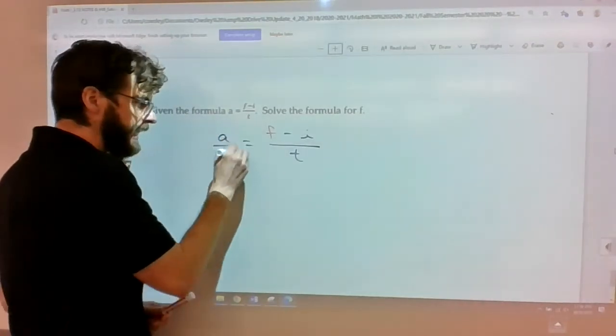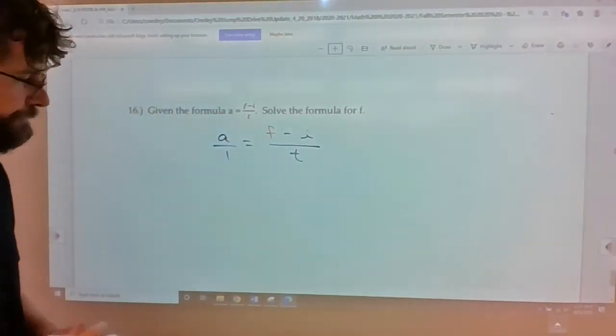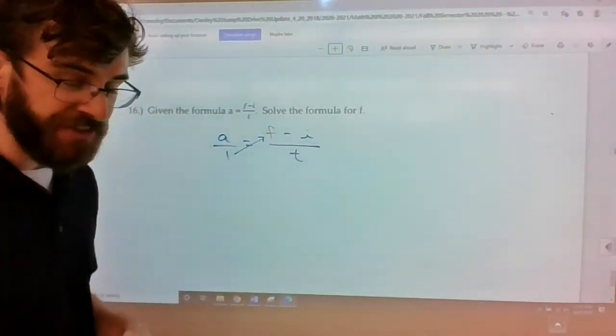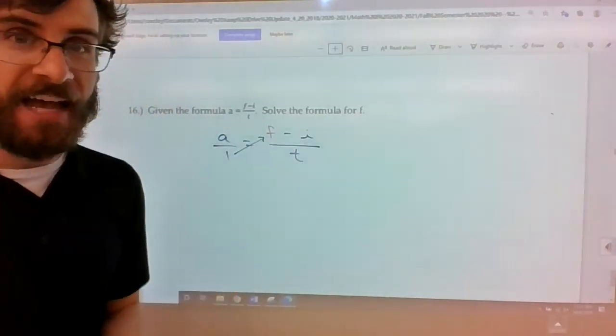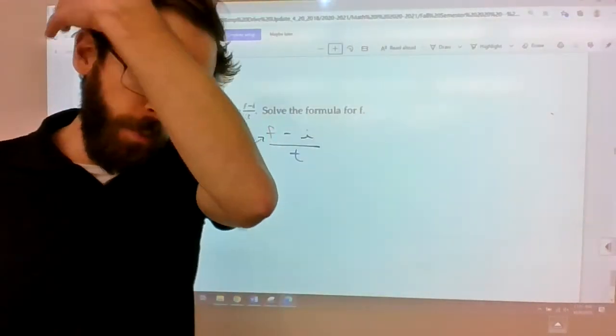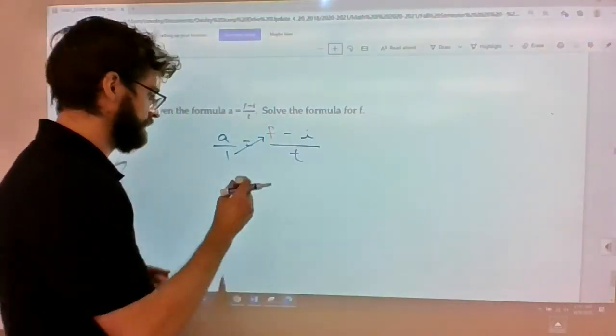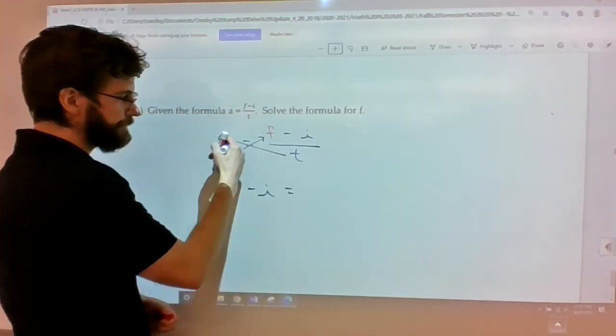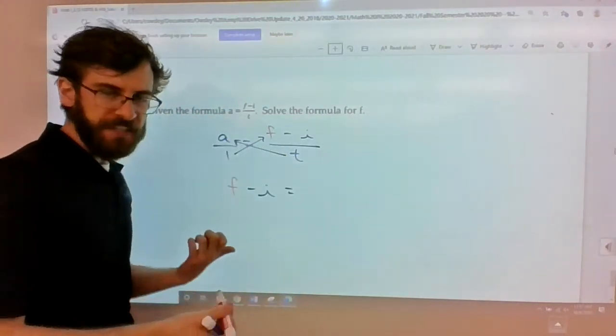Make this A over 1. So I'm taking 1 times F minus I, which is the exact same thing as F minus I. If you multiply by 1, nothing changes. On the right, A times T is AT.